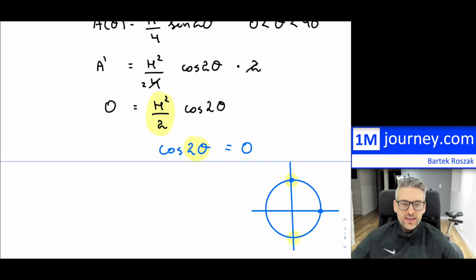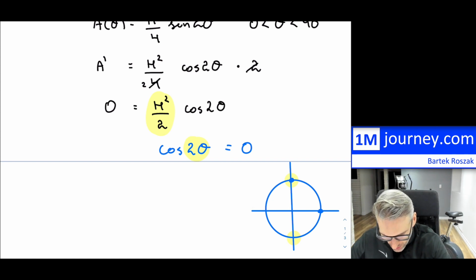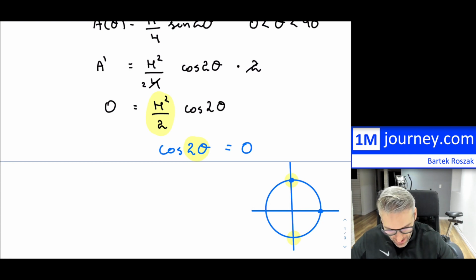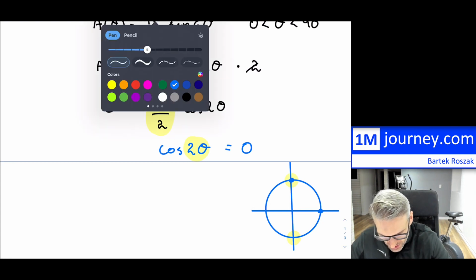So it's at 90 and at 270 and any replication of it. Now, we don't need that because our ladder is not going to be swinging around there. So within here, the only two choices I have are 90 and 270, and 270 doesn't really work for me because of the way that the ladder is positioned.